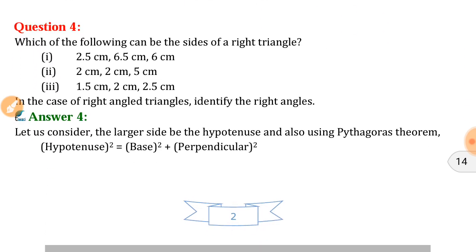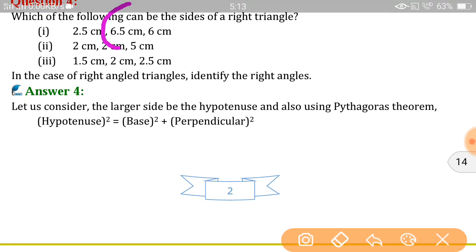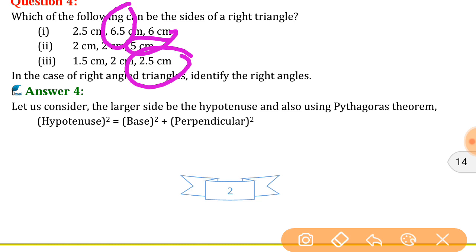Then question 4. Which of the following can be the sides of a triangle? Same, in a right angle triangle, find it. The hypotenuse square means it is the highest, the longest side. Okay. So among 6.5, 6, 2.5, the longest side is 6.5. So 6.5 square should be equal to 2.5 square plus 6 square.